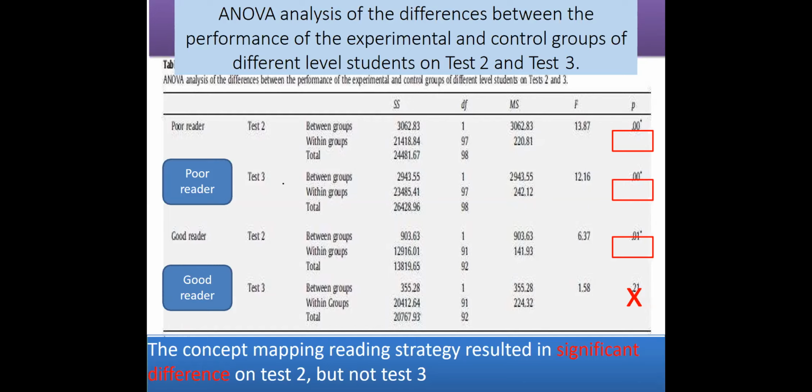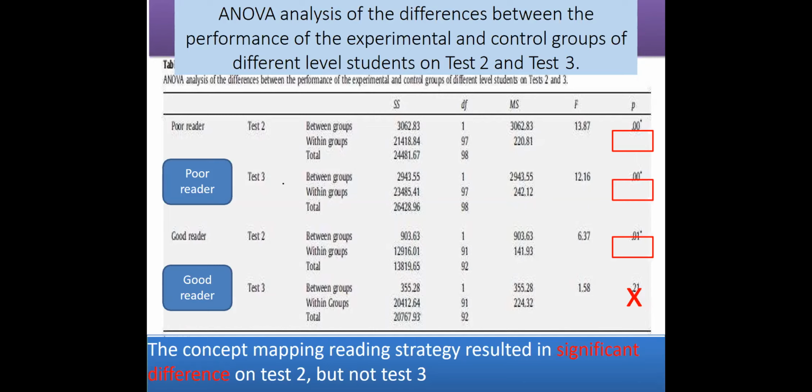But for the good readers, the use of concept mapping strategies resulted in significant differences on test 2, but not in test 3, as you can see. So in both test 2 and test 3, the poor readers who used the concept mapping strategies outperformed those who did not.